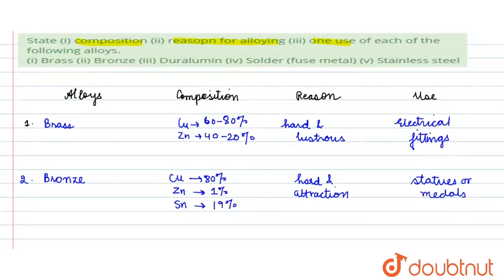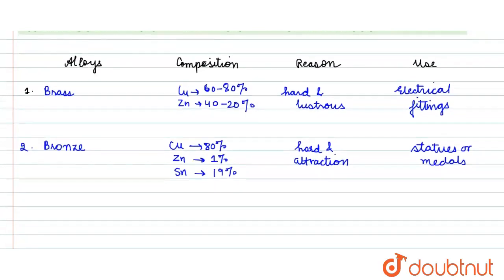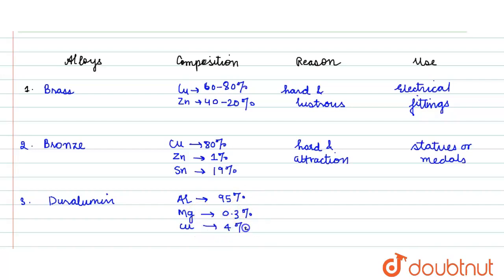So our third alloy is duralumin. It is an alloy of aluminium, magnesium, and copper, and it consists of around 95% of aluminium, very less, around 0.3% of magnesium, and 4% of copper in it.